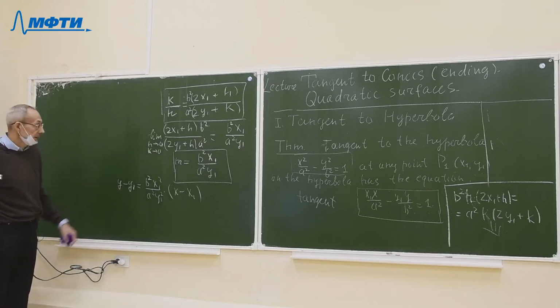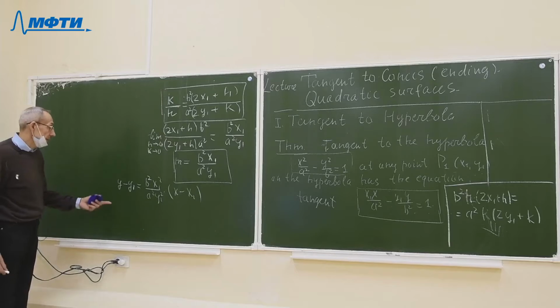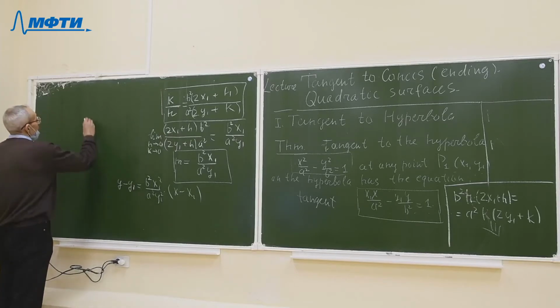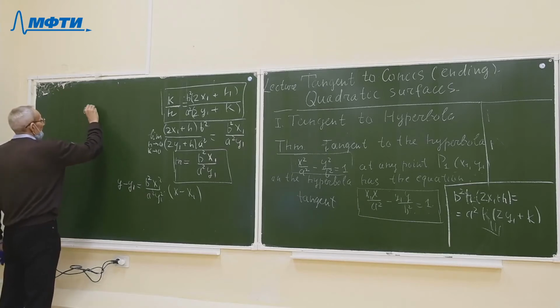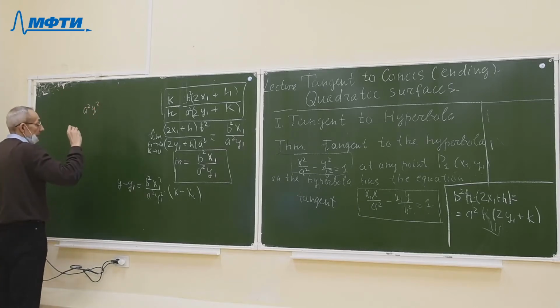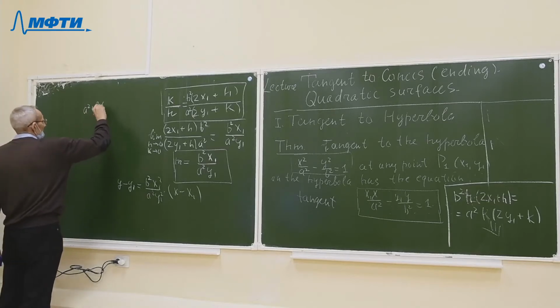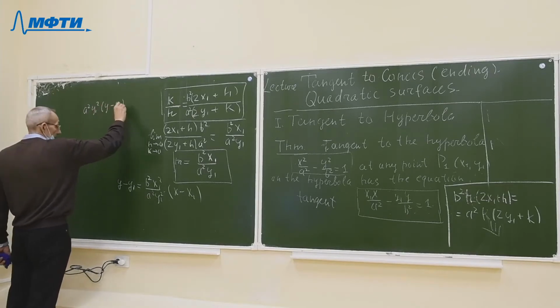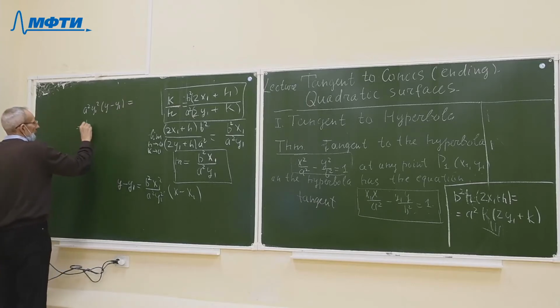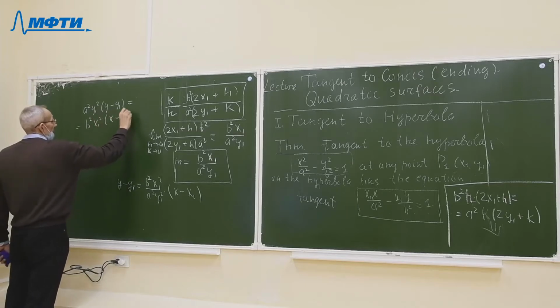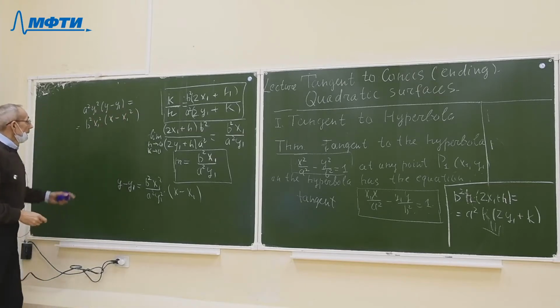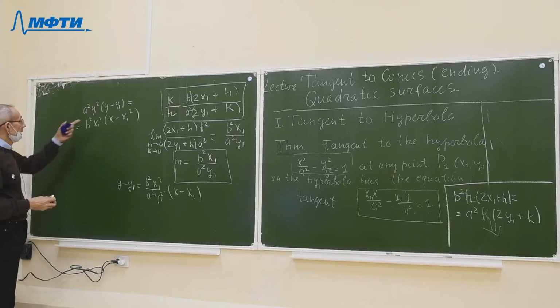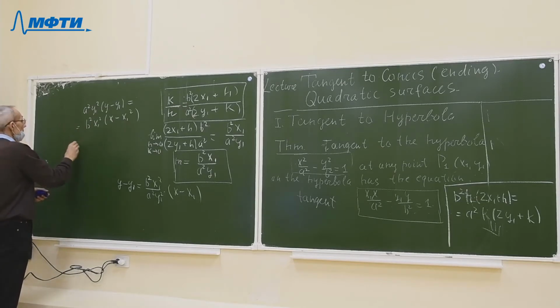We can write the last equality in the following form: a square y1 times y minus y1 is equal to b square x1 times x minus x1.